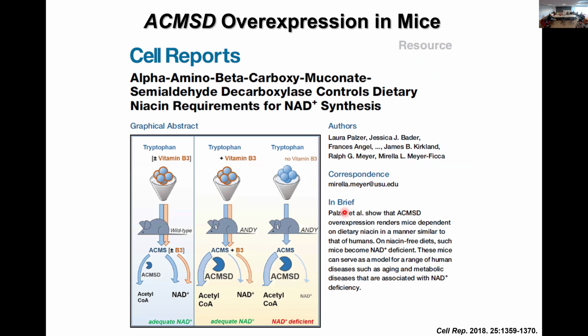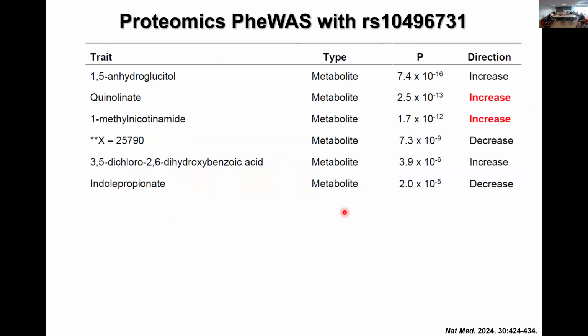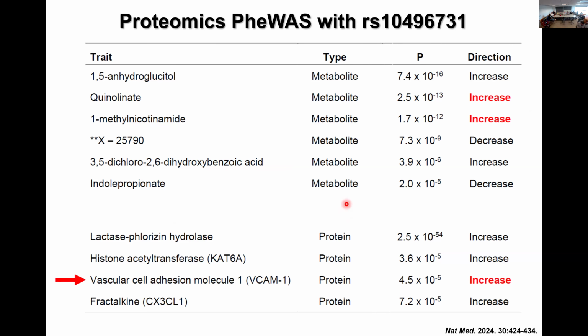Now we have the biological model that explains the genetics, but what I haven't told you is how it associates with increased risk of cardiovascular events. So we asked what else this SNP is associated with at the level of proteins, not metabolites. One that caught our eye was VCAM, vascular cell adhesion molecule. That same SNP associated with increased 2PY and 4PY is also associated with increased VCAM levels.